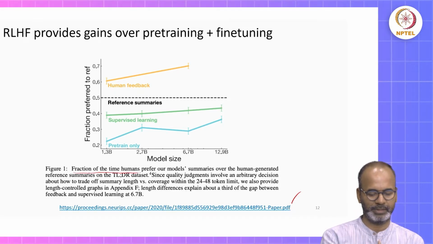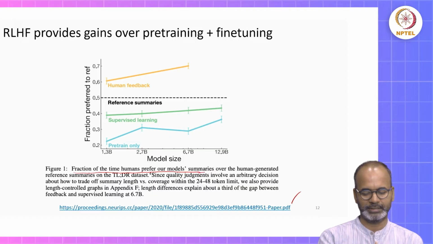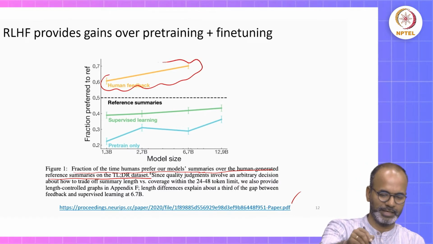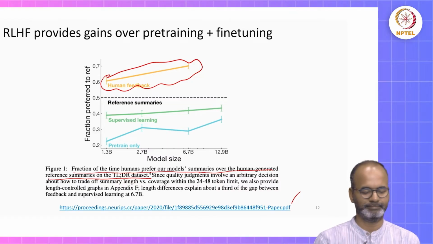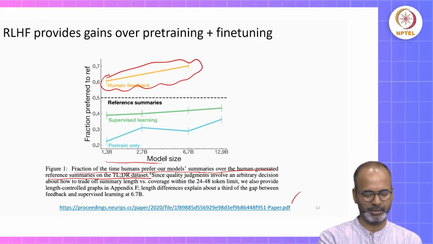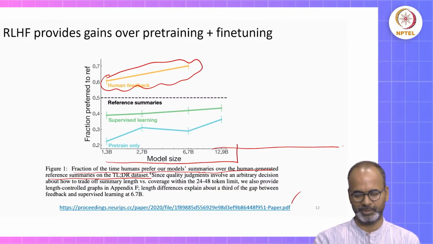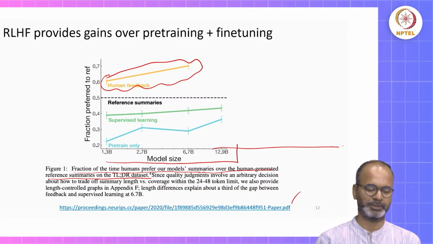This shows the fraction of the time humans prefer our model's summaries over human-generated reference summaries on the TLDR dataset. Essentially, if you generate summaries from the human feedback model, which has used RLHF, it seems to perform better, and across different model sizes.